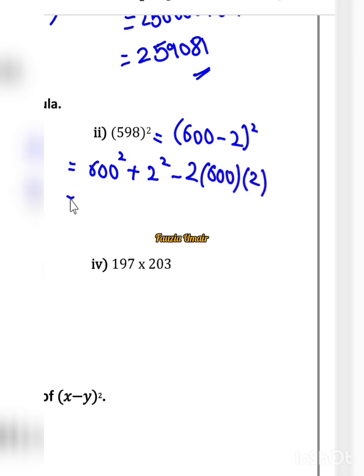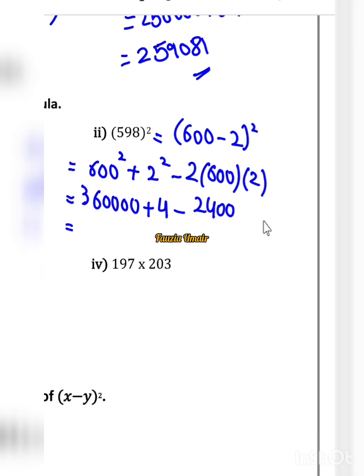If I take the square of 600, it is 36 and 2 zeros will become 4 zeros, plus 4 minus, now 2 2s are 4, 6 4s are 24, so 2400. This is a formula where we need to calculate also.